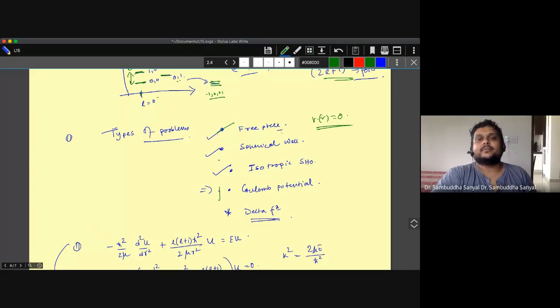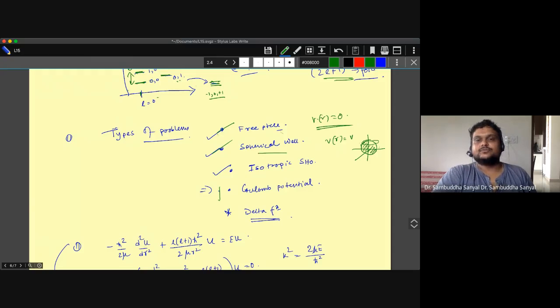And then I will talk about the spherical well, which means V(r) is some finite number in a confined domain. In some confined domain V(r) is finite, or V(r) is zero in some finite domain and infinite everywhere else.